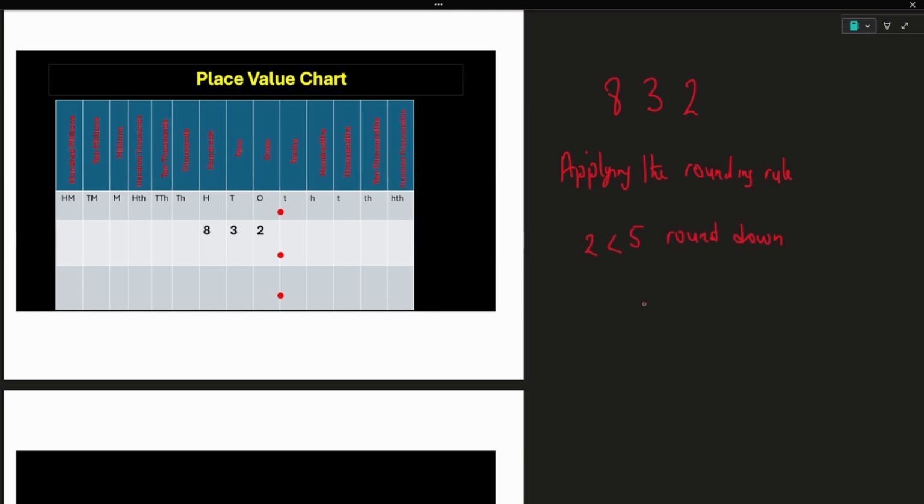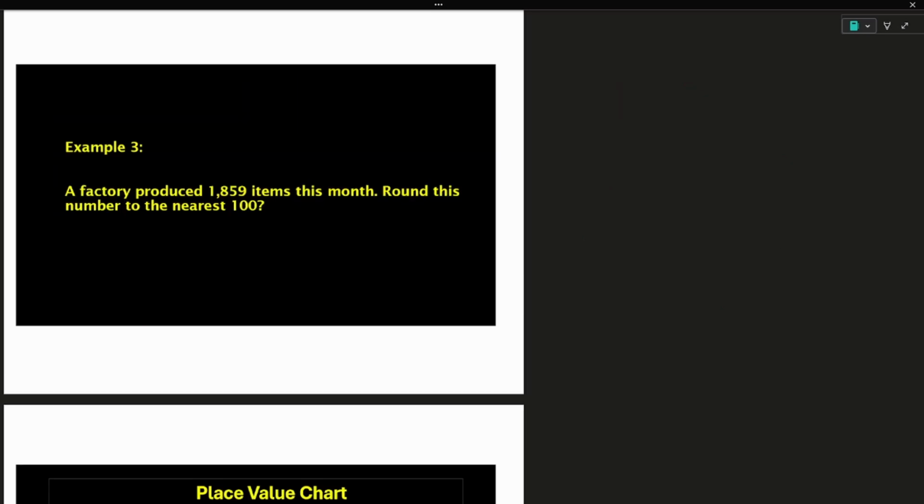That is, we leave the 10th digit unchanged and then replace the digit after the 10th place with 0. Hence, 832 will result to 830 millimeter.